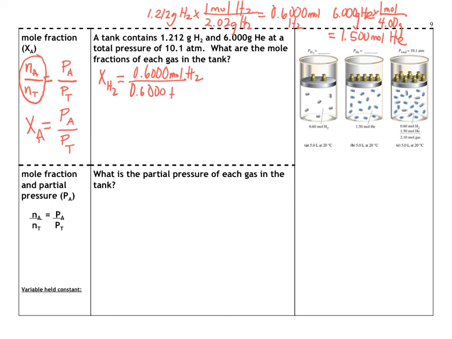I'm going to show my work for this first step here. So this is the moles of helium, moles of hydrogen. So when you do the fraction, you'll notice 0.2857.